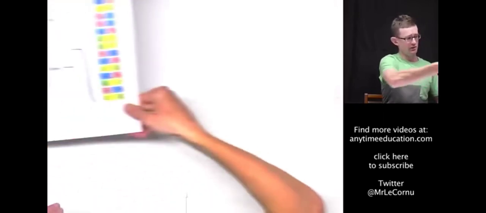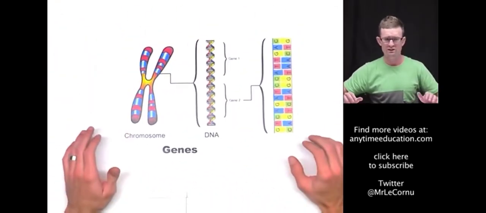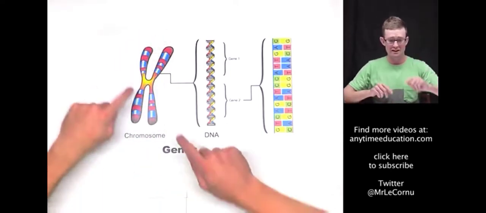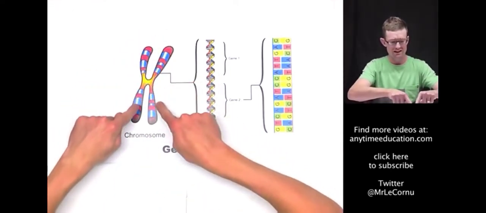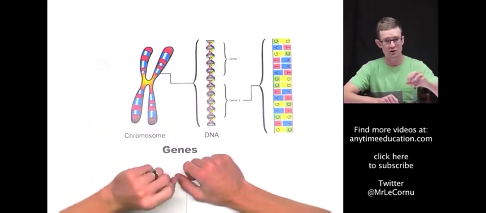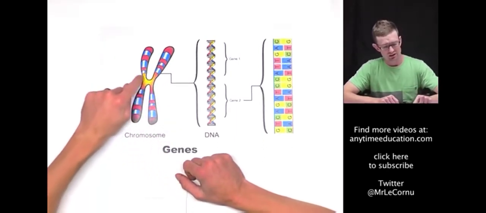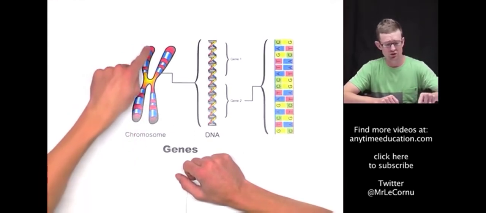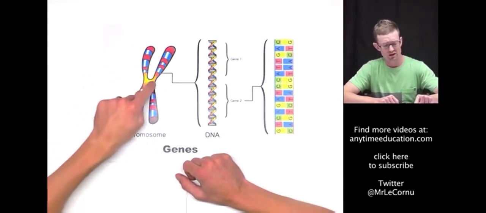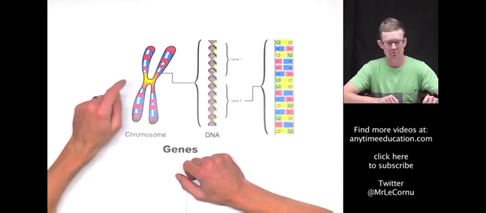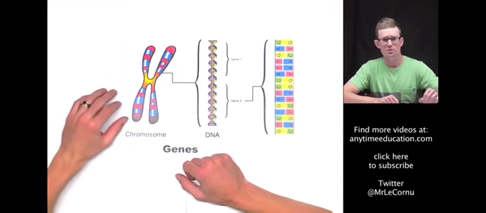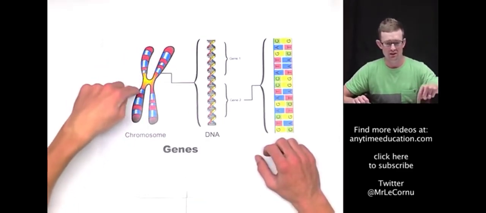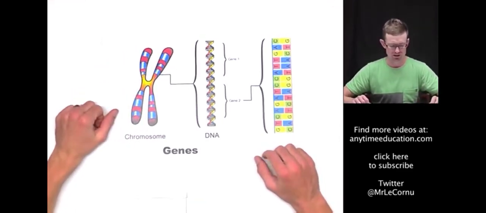Another way that we can look at it is using this diagram. In this diagram we have our chromosome. Again, this is a chromosome where the DNA has already replicated. It's ready for cell division. It's joined two sister chromatids, which are identical versions of the same chromosome, and they're joined at a centromere to make a single chromosome that's going to go through cell division. Don't freak out, there will be more on that in another video.